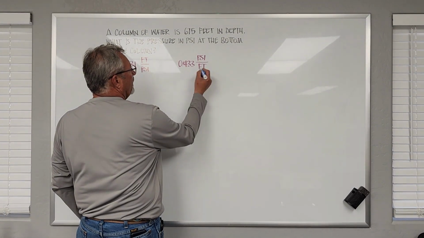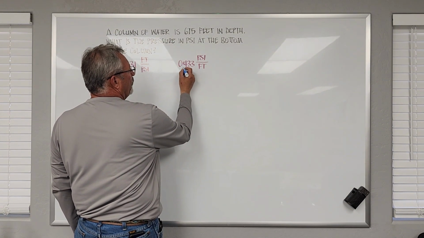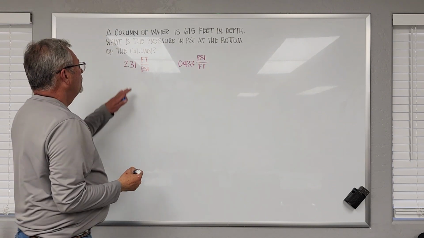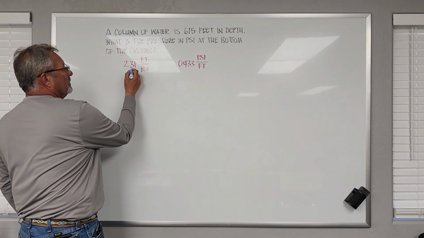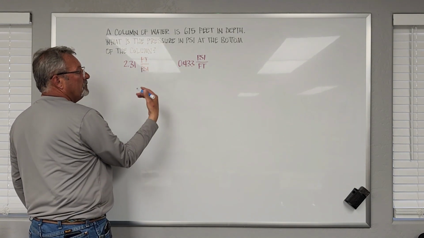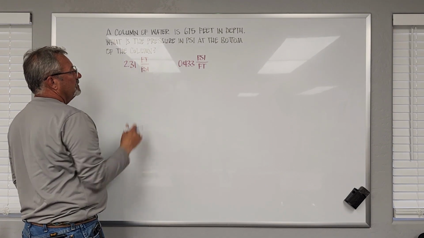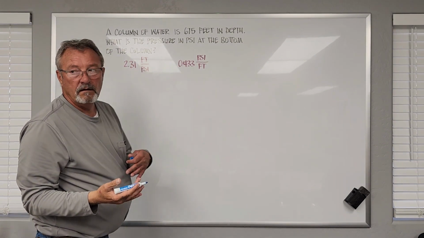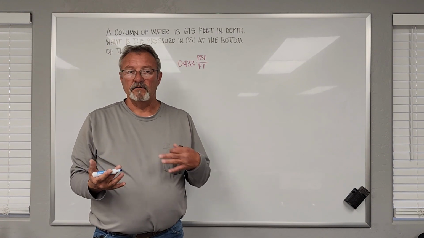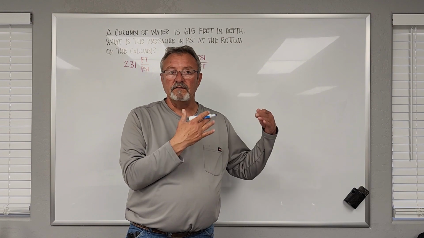And this is how we write it. 1 foot of water equals 0.433 PSI. We know that if you have 2.31 feet of water, it equals 1 PSI. Okay, so that's what this represents. Now again, good advice I got from a fellow operator when I first started in the industry was pick one, learn how to solve using that one.